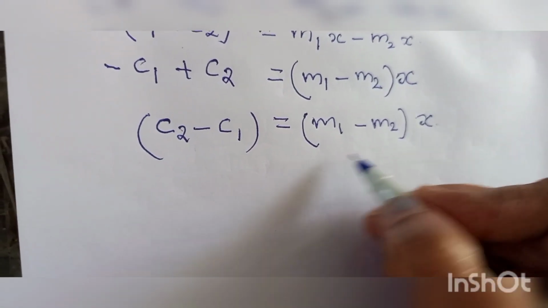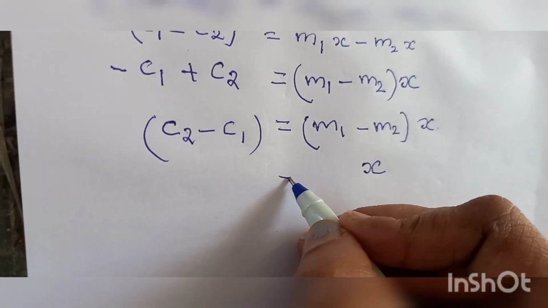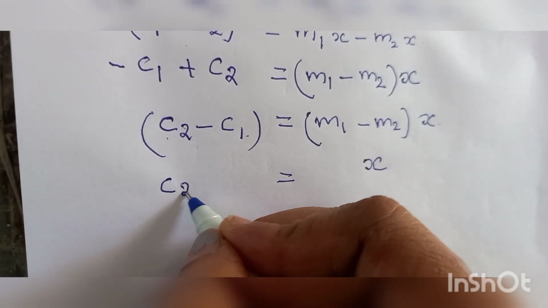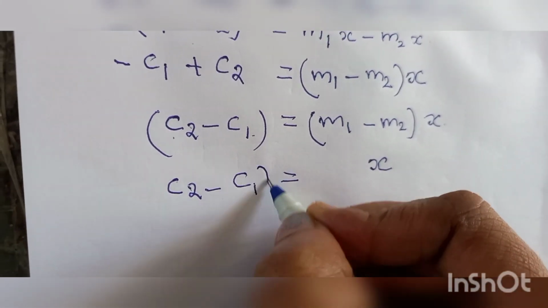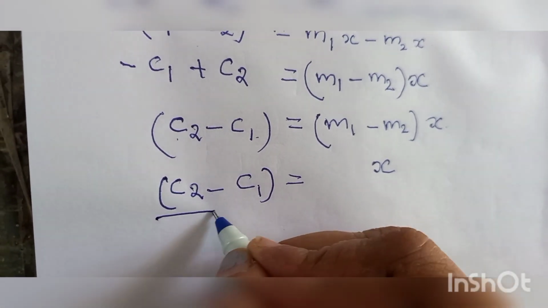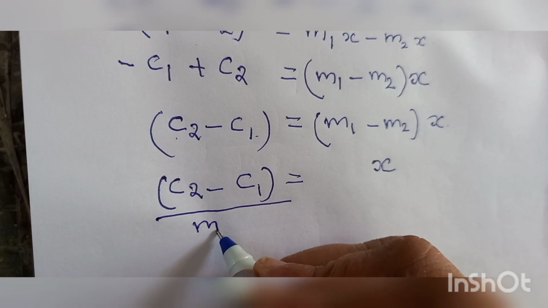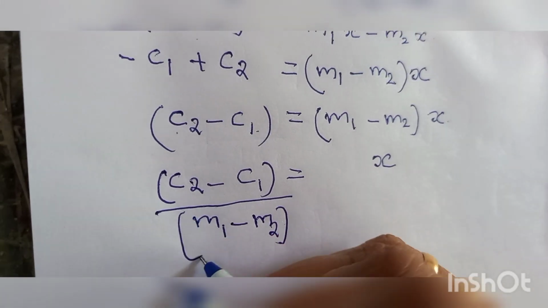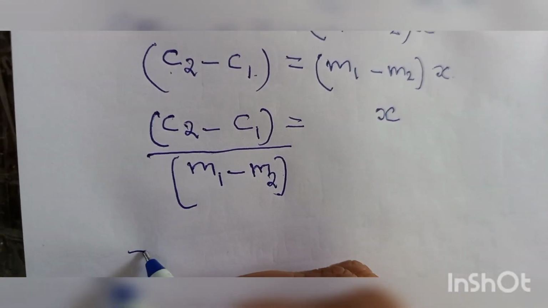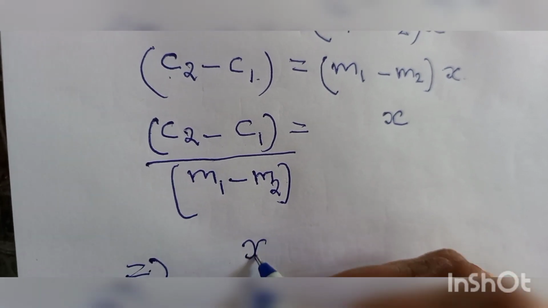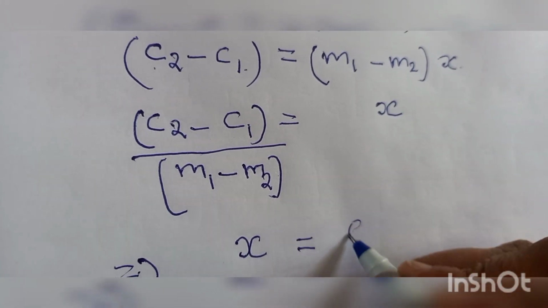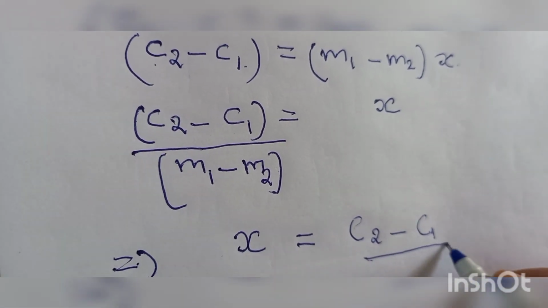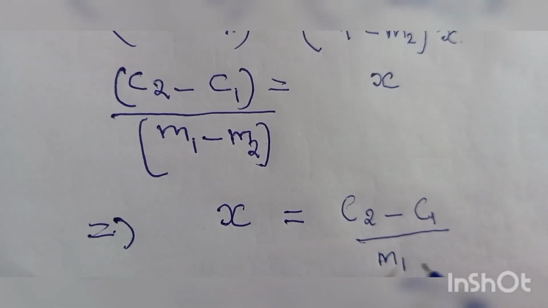Then x equals (c2 minus c1) whole divided by (m1 minus m2), which implies x equals (c2 minus c1) whole divided by (m1 minus m2).